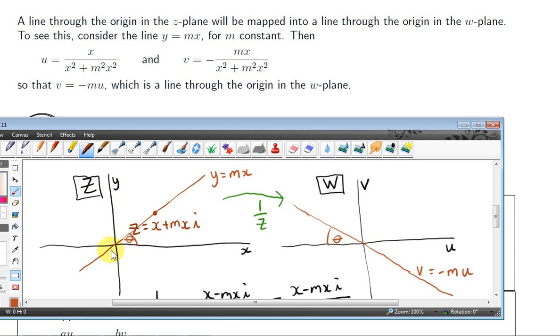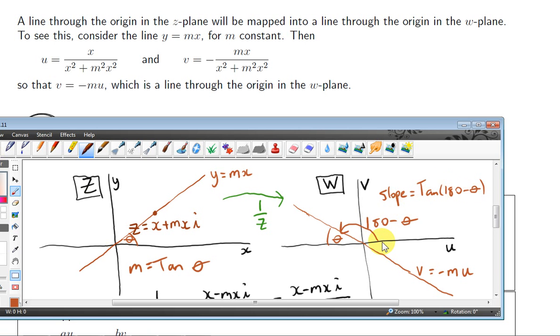Well, if we call this angle theta, then the slope of this line is the tan of theta, because theta is the angle measured anti-clockwise from the positive x-axis to the line. Whereas the slope of this line here is the tan of 180 minus theta.